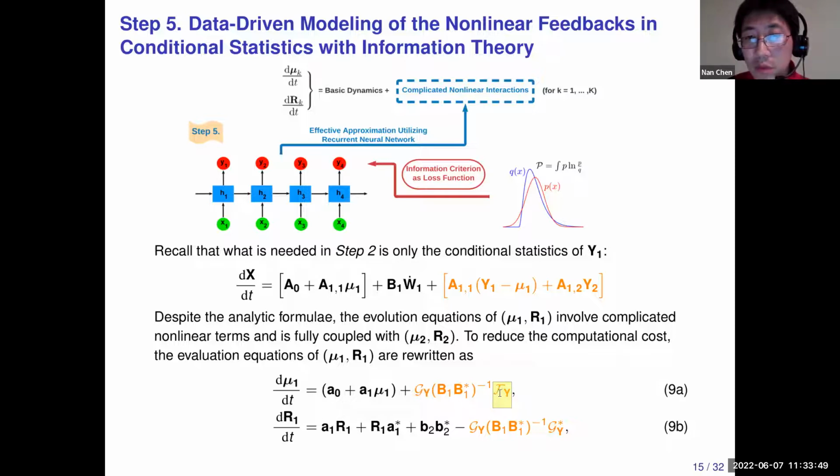Then we get output from f and g. We compute mu1 and R1. Then we use mu1 and R1 to recover the PDF. And so we directly train on the difference between the PDFs. Right, so you don't actually require the information of d mu1 dt. You don't require that. No, we only need the information for this f and g here.